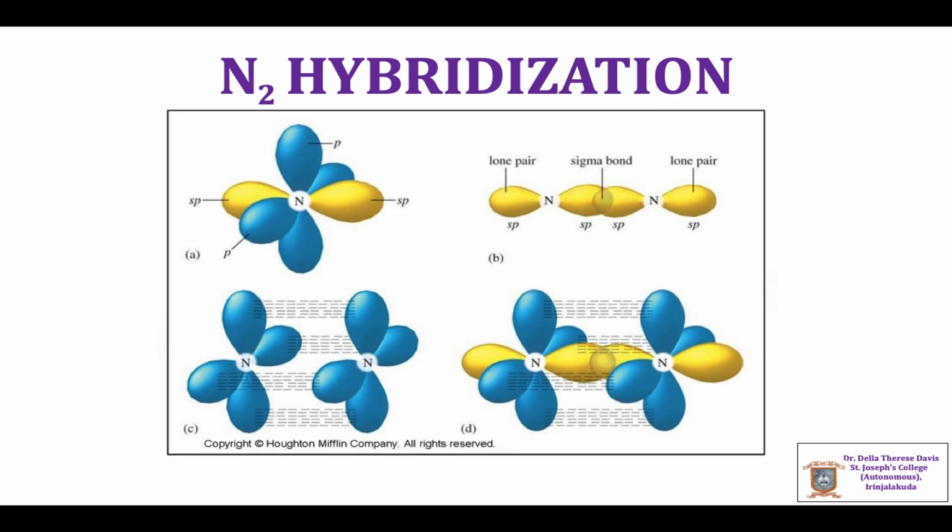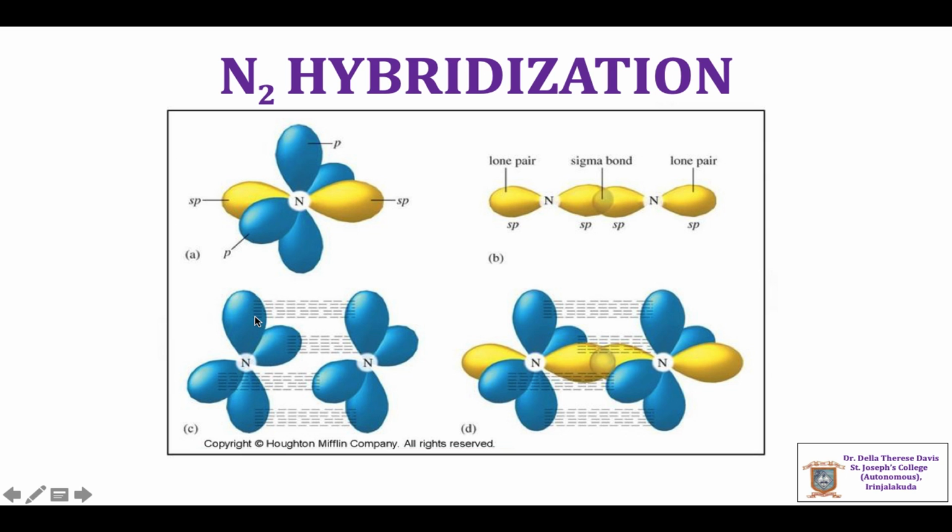In the case of nitrogen, the N2 molecule is formed by a triple bond, that is, one sigma bond and two pi bonds. The hybridization of nitrogen in N2 molecule is sp. One of the sp hybridized orbitals of each nitrogen forms the sigma bond, and the other sp hybridized orbital contains the lone pair.